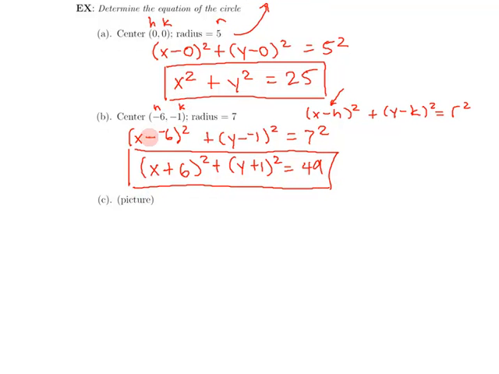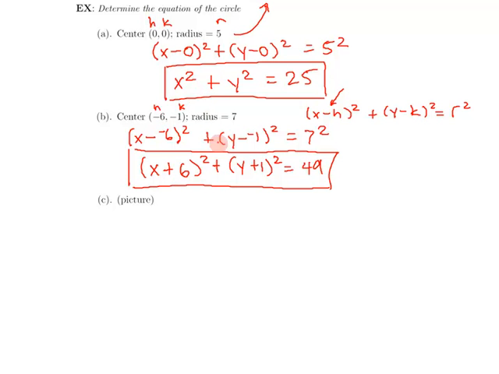By the way, you should notice again that the sign inside the parentheses between the x and the 6 is a positive sign, whereas the center itself is actually on the x-axis at negative 6. So this sign right here will be the opposite of whatever the sign is of the h up here.